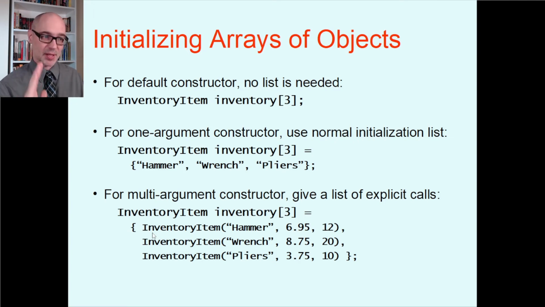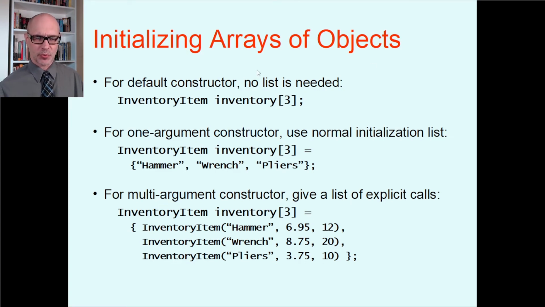That is an actual function call to the inventory item constructor that takes 3 arguments. And that's what that looks like. So you call this, it actually makes a new object with that data, and that's the first thing in the array. And here is the explicit constructor call to the constructor that has 3 arguments for the second one, and here's the explicit call to construct the third object in the array.